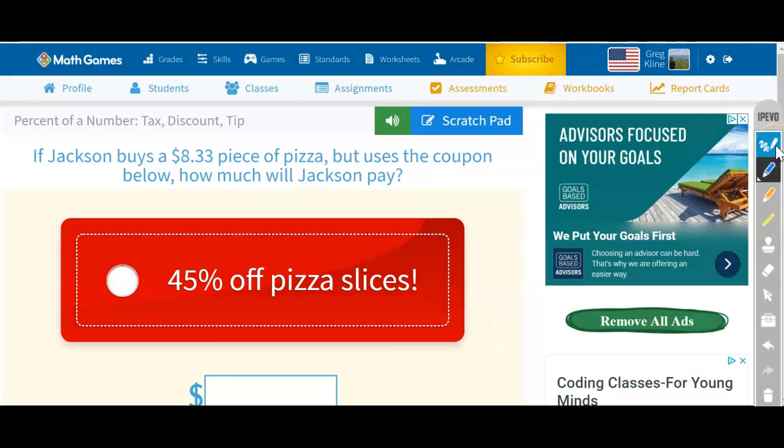So I'm going to ask myself, if it's a 45% discount, what is 45% of 8.33? So we're going to go 0.45 times 8.33.